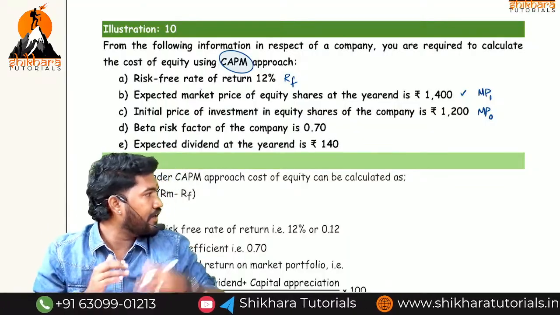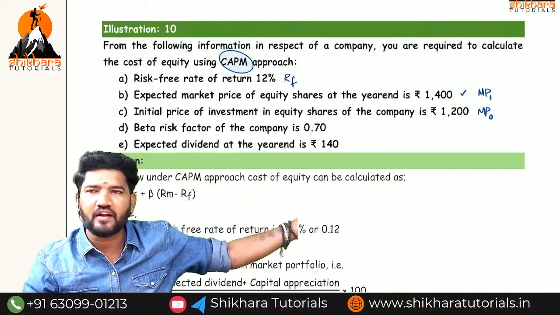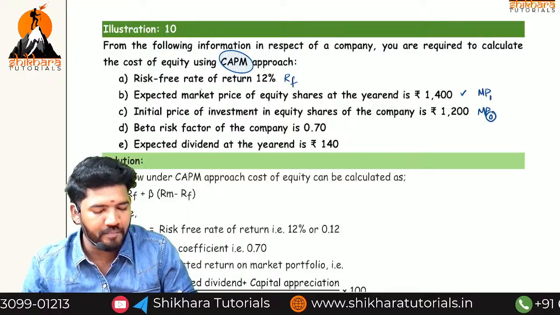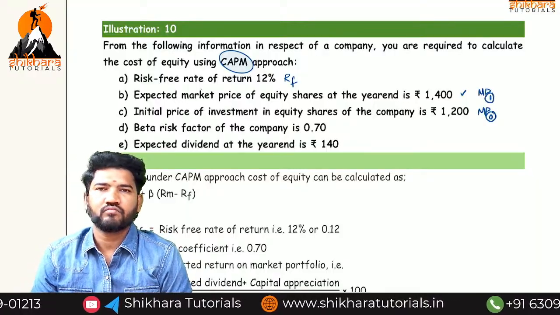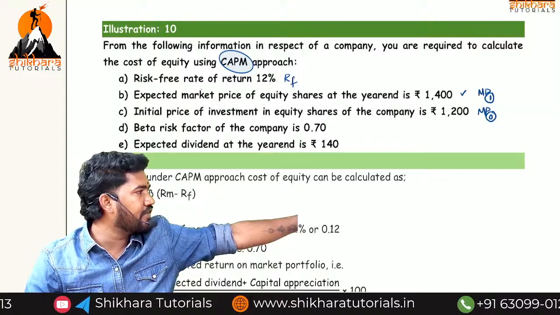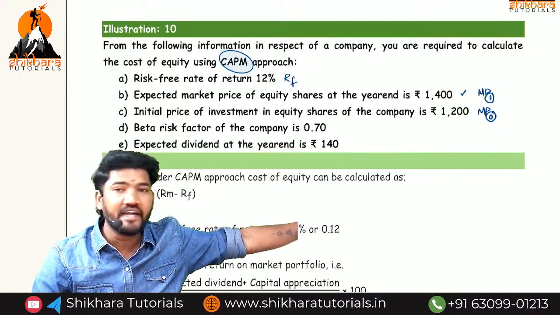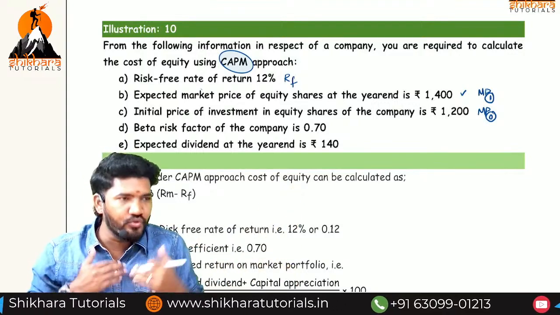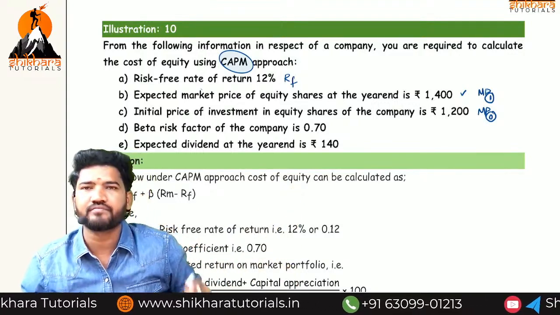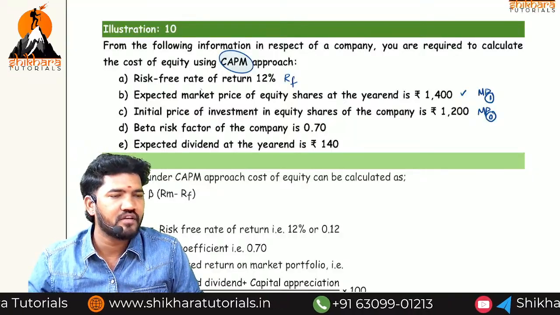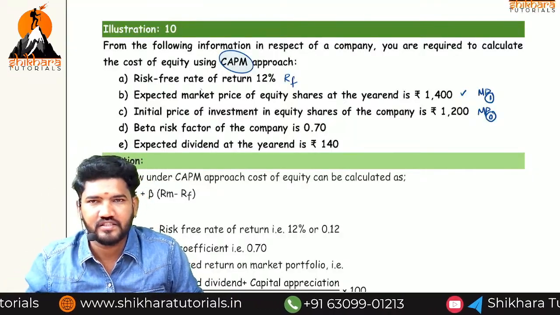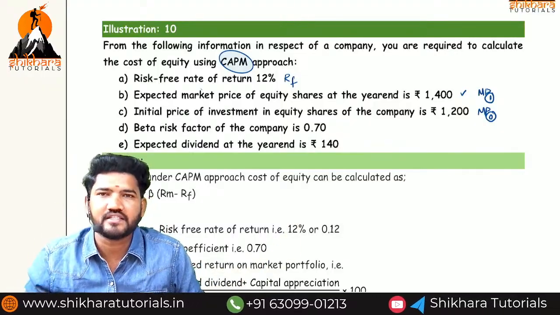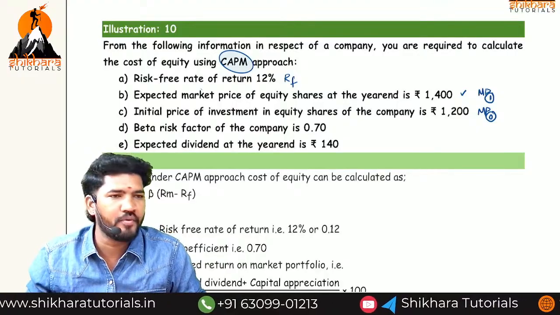But in future, what happens to the share price? 0 represents the current year, today. 1 represents the future. MP1 represents the expected market price and MP0 represents the current market price. Current means today. Are you guys clear?